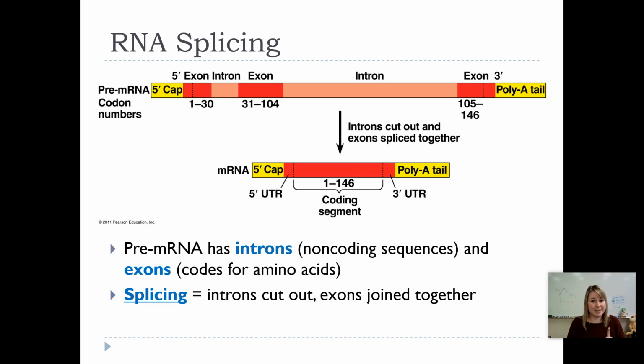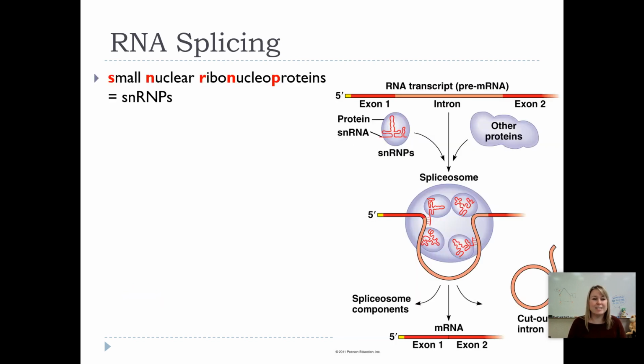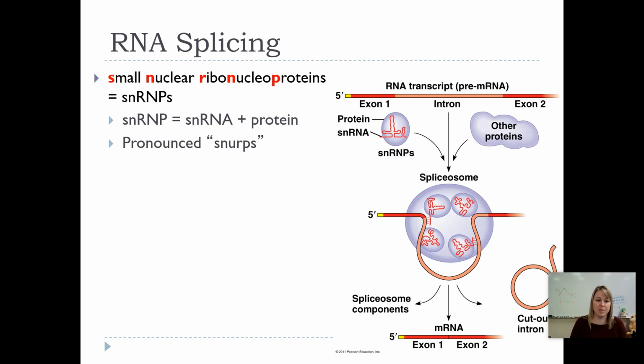A little bit of detail about how that happens. It's called RNA splicing. And this is where we get into some of the other RNA accessories like SNRPs, small nuclear ribonuclear proteins. They're abbreviated SNRPs, and we call them SNRPs whenever we're speaking of them.